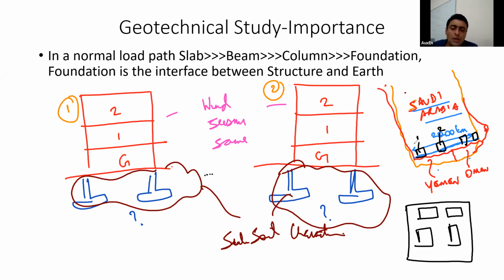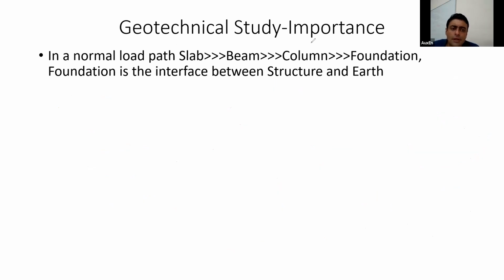Just to reiterate, your foundation systems may change from place to place depending on the subsoil characteristics. Therefore, it is important to carry out geotechnical studies. All right. So this brings us to the next point that I have written over here.